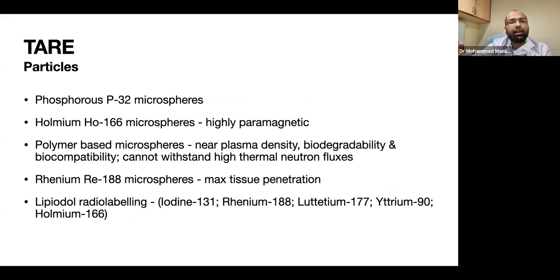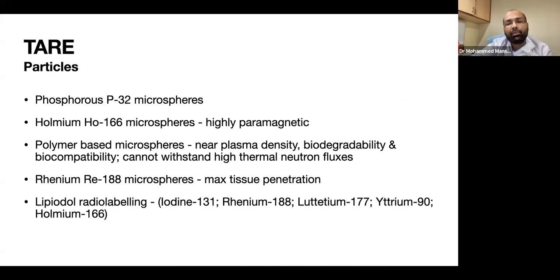So the particles that have been used before, the phosphorus P32 microspheres, these were the first ones used. They've been used in the early 1980s. Holmium 166 microspheres, they are highly paramagnetic. So the advantage with them is you can do an MRI scan. And then we use the polymer-based microspheres.